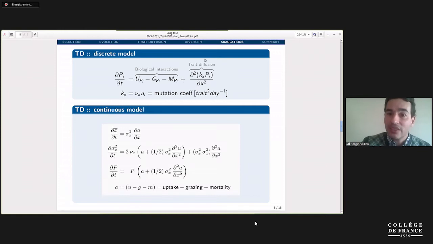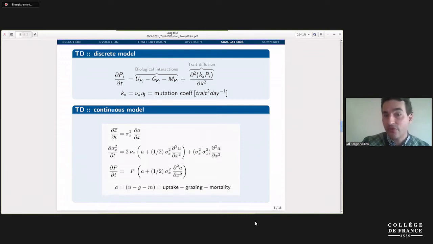And an extra term in which we add the potential for eco-evo dynamics. That means that your reproduction is not clonal. If you have a given size, you are not going to be forced to stay in your size. Your offspring can be larger or smaller than the parental line. And the coefficient of mutation is given by this.